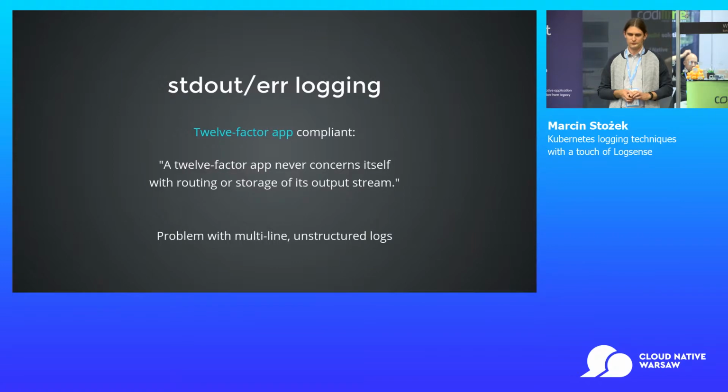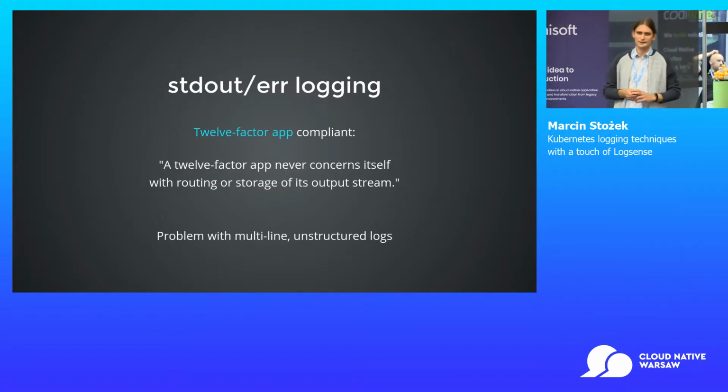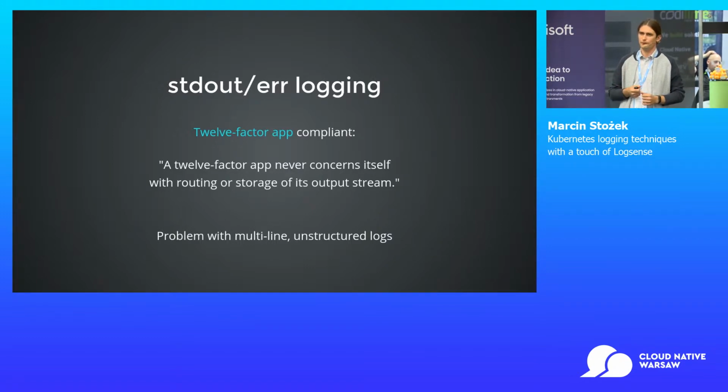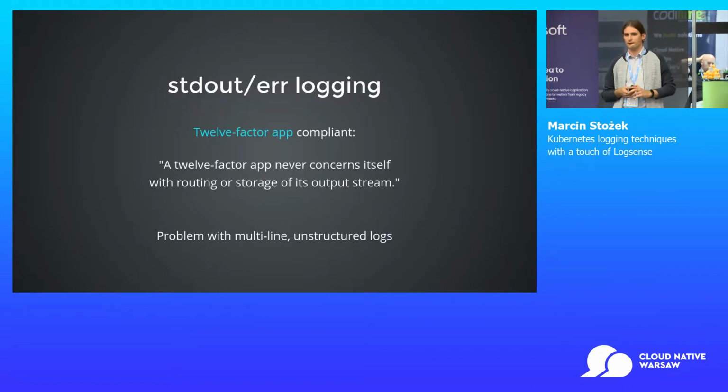One of those three things is better than the others, and the better thing is the standard output and error logging. And why is that? Because we don't care where the logs are going to be stored.